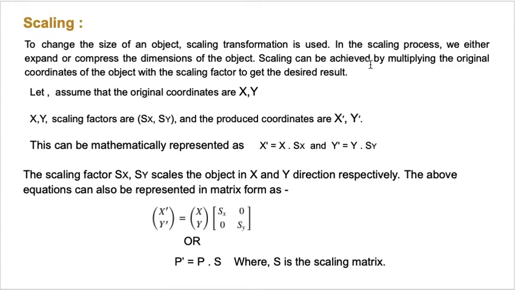Scaling is achieved by multiplying the original coordinates of the object by the scaling factor. Let the original coordinates be x, y as usual, the scaling factors be sx and sy, and the produced coordinates be x dash and y dash.